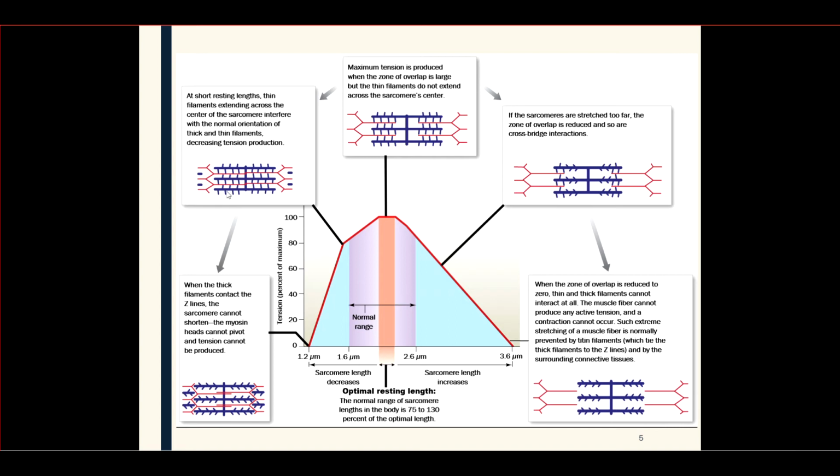We have a lot of zone of overlap, but now when we stimulate it to contract, we're not going to get more zone of overlap, so we're not going to generate as much tension, and the tension will go down. Okay, so this is one major factor that determines how much tension we can generate in one muscle fiber. It is called the length tension relationship.